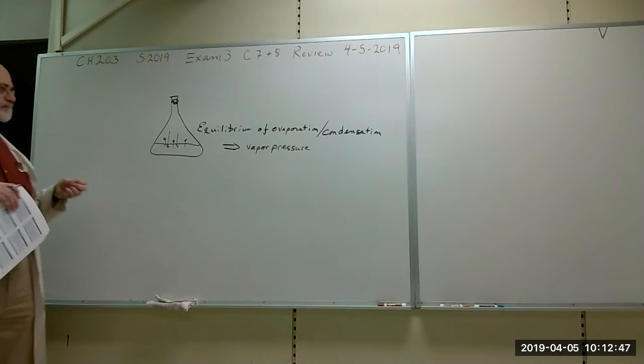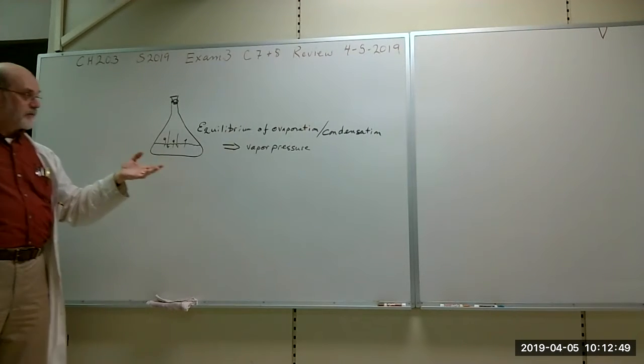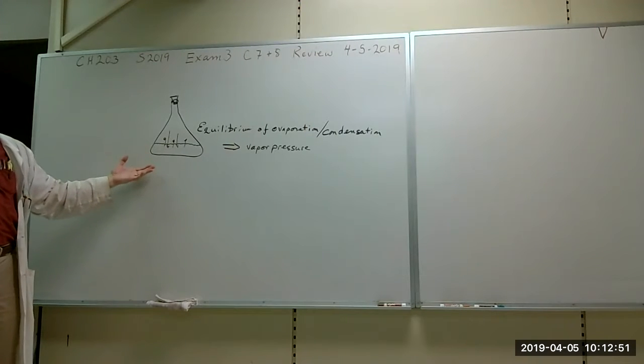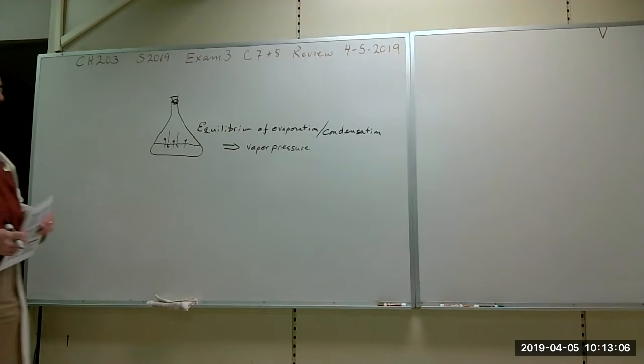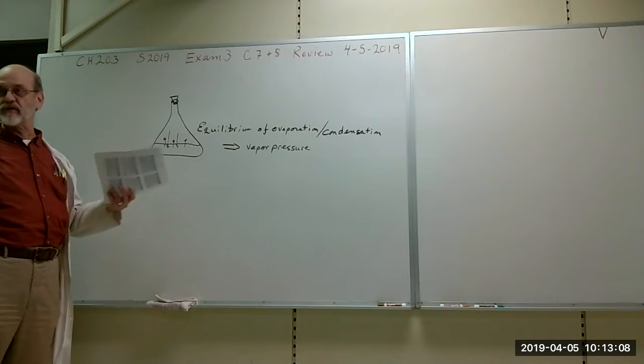Okay. Now, the question becomes, does every liquid you put in there produce the same vapor pressure? The short answer is no. They all have different vapor pressures. So the question then becomes, why? Why would something have a higher vapor pressure than something else?